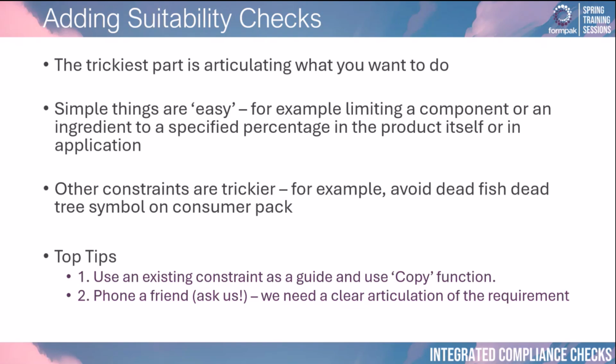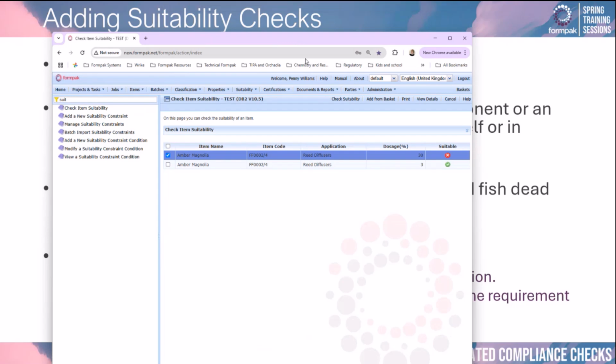But what does it precisely mean, almost from a mathematical point of view, is quite hard to then articulate. So we understand that that's a bit of a challenge. But in some ways, the trickiest part is the articulation of the requirement. So we're going to just show you a couple of examples around that side of things, and then we can go on to questions in a few minutes.